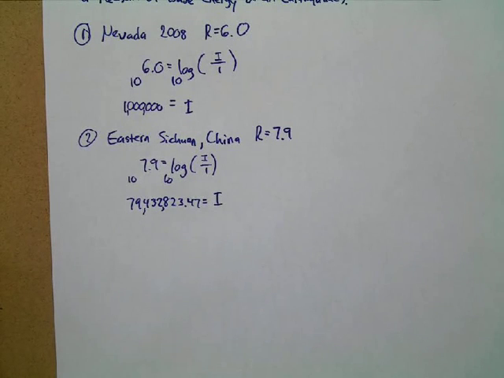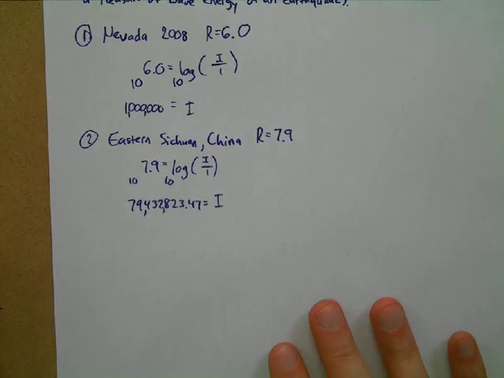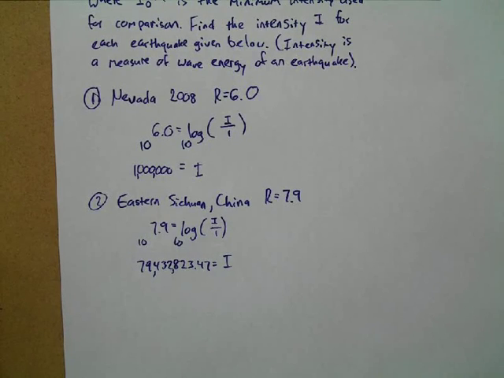So what's really happening here is that the Richter scale is more than just saying, if you're going from a 6.0 to a 7.9, going up only 1.9, the intensity of the earthquake is almost 100 times as much. In this case, it's 79 times as much. 1 million to 79 million is about 79 times as strong.